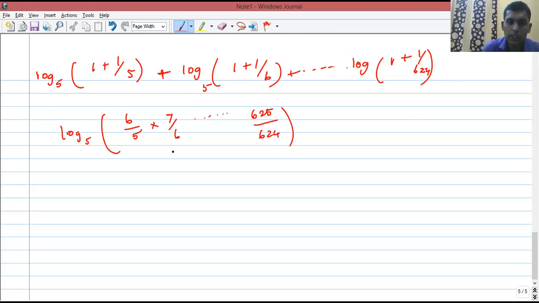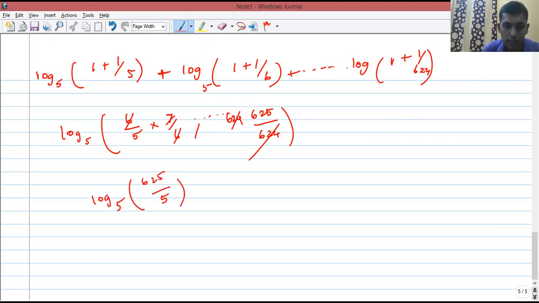Now, just see. These numbers will be cancelled: 6, 6, similarly 7, 7. Every number will get cancelled, 624 and 624 will also get cancelled. You will end up with log 5 of 625 divided by 5.